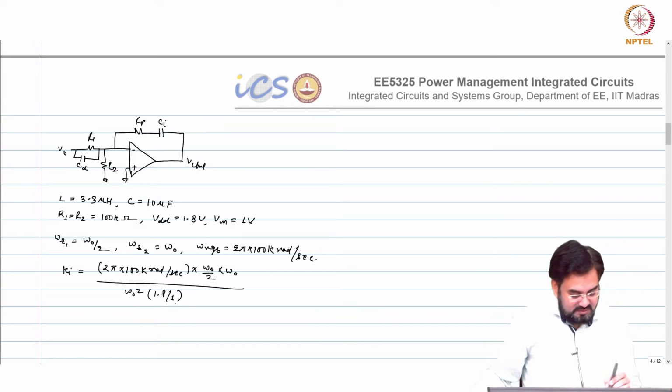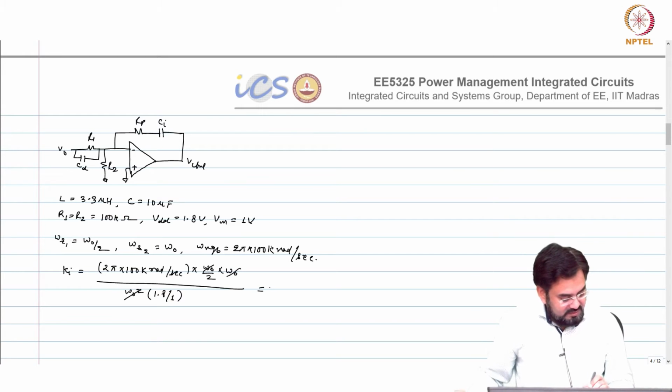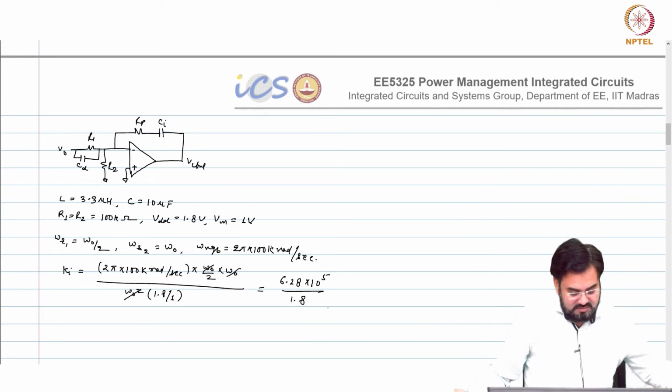So this will get cancelled out. What is the value of this? 6.28 into 10 power 5 over 1.8 into 2.